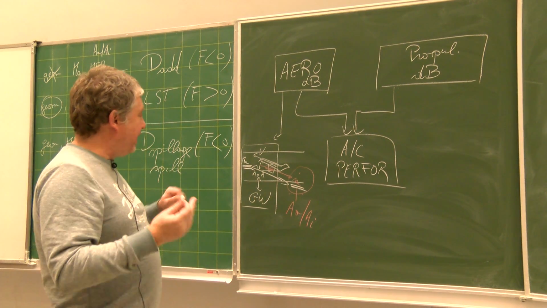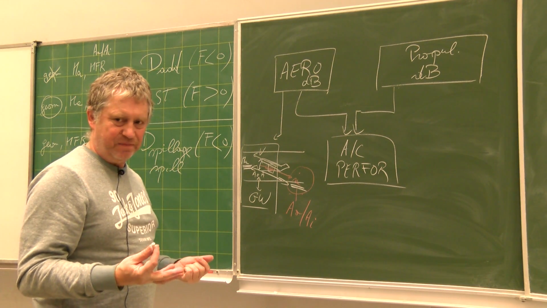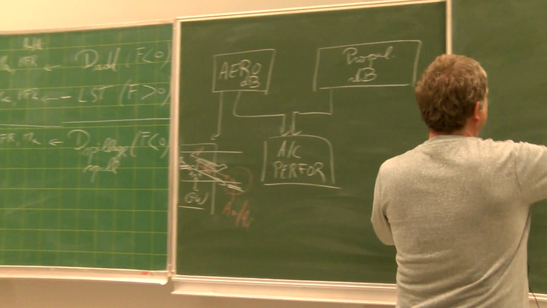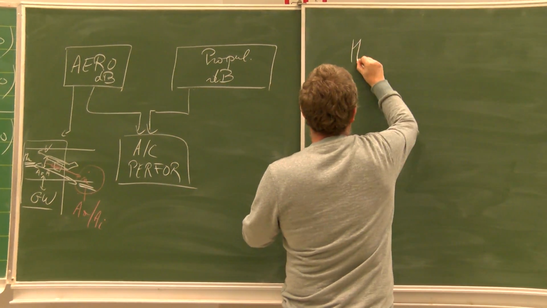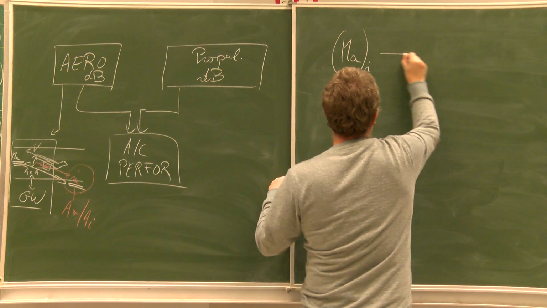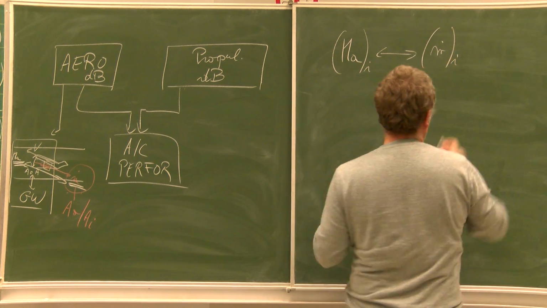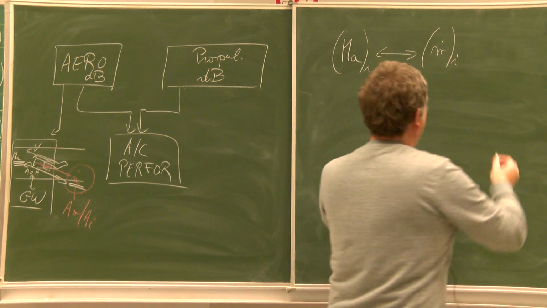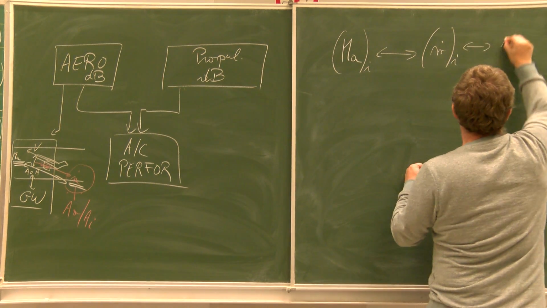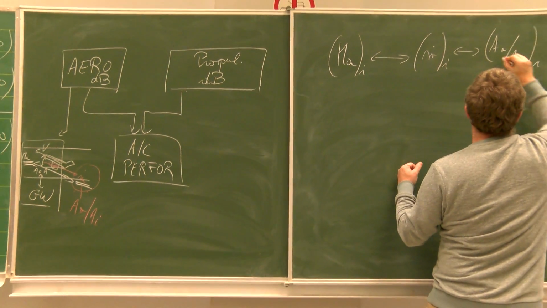And for the other m dot at this Mach number, they will do something else. So what will they do, in fact? They will define for each Mach number a certain m dot, and with this m dot corresponds a certain AA divided by AI.